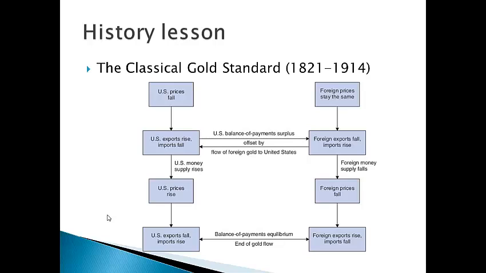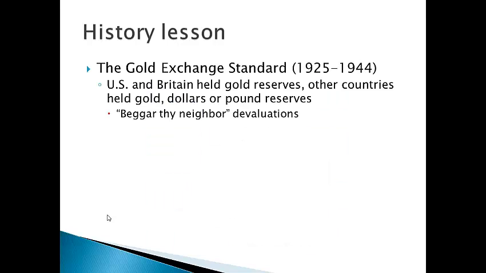Problems with this: there were major depressions in the 1880s, which then spread from one country to another, and all these countries are linked because of the gold standard. Other issues that arose: there were these things called beggar thy neighbor devaluations, where one country would specifically try to devalue their currency in order to maintain competitiveness, which would then lead to a trade war.